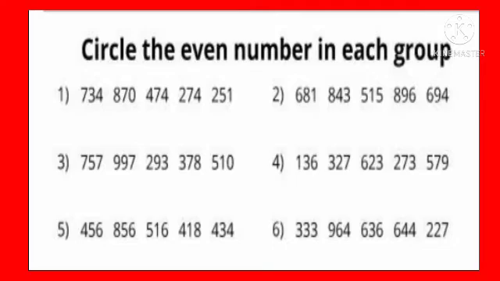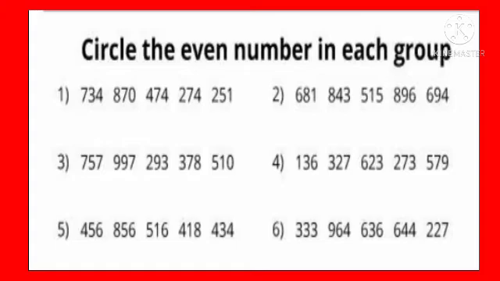In the second group, 896, 694 are the even numbers. In the third group, 378, 510 are the even numbers. In the fourth group, 136 ends with 6. So, the number 136 is an even number.